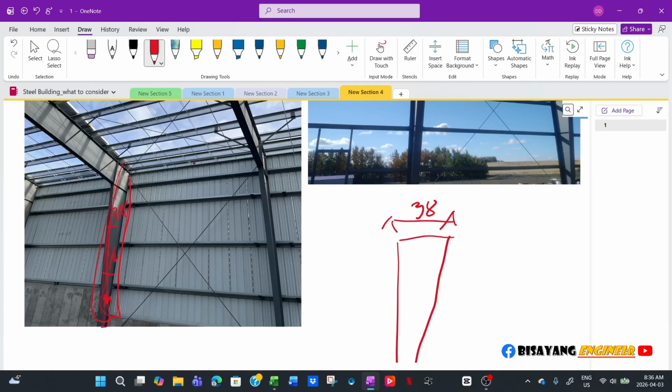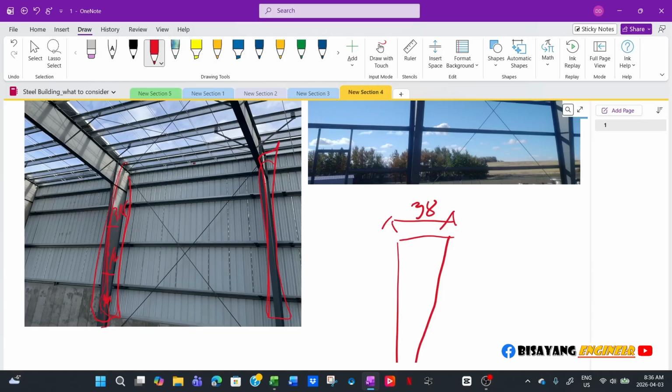So if I use a W section, it will just give me a heavier reaction, which is more conservative and which is fine, design-wise, with regard to the foundation. So I do the foundation design, detailing everything, and then once we get the steel drawings, I compare the reaction from the steel manufacturer versus the reaction from my calculation.